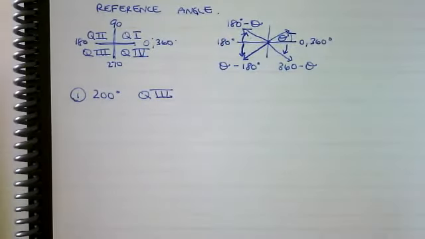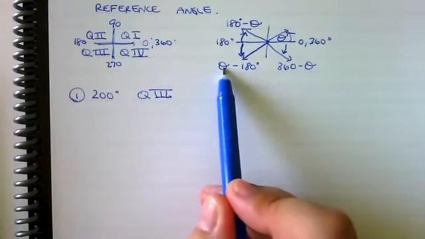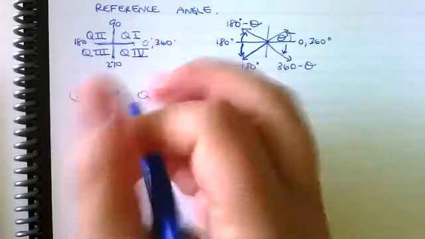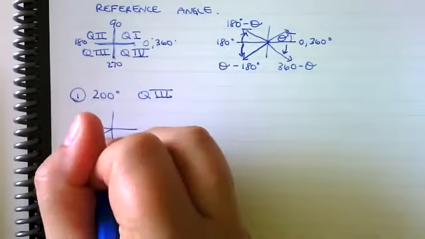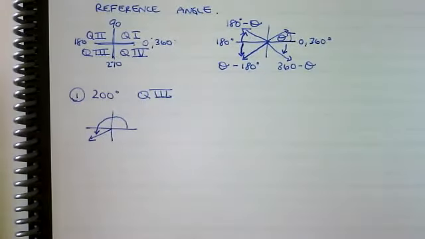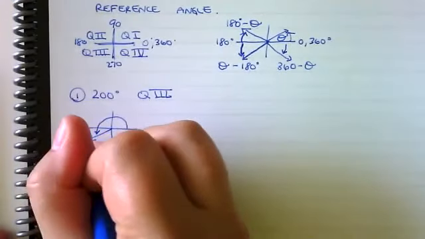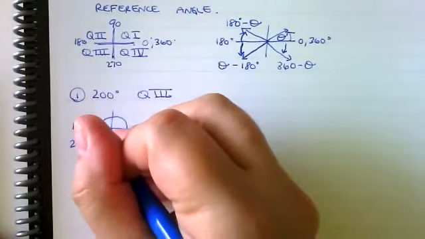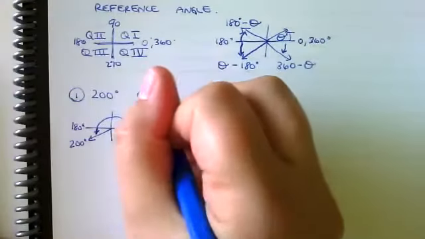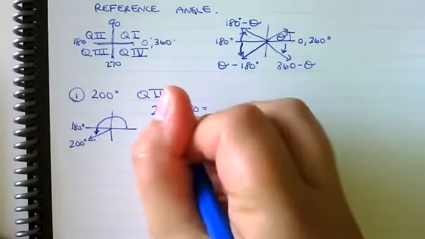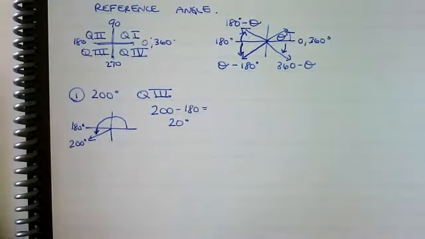For quadrant 3, I'm doing my angle minus 180 because, let's sketch this out real quick. If I'm at 200 degrees, that's down there. But I want to find the distance from the x-axis. It's closest to 180, so I just want to find this little angle right here. So I'm doing 200 minus 180, and I get 20 degrees as my reference angle.